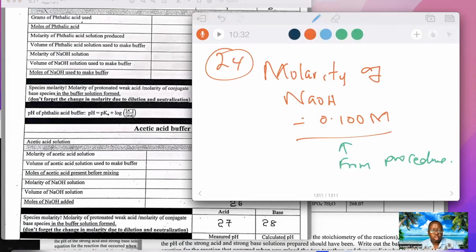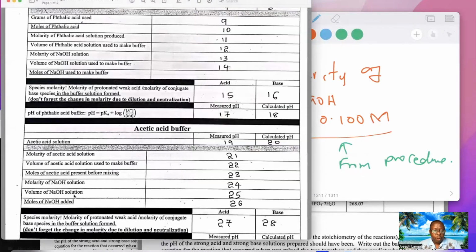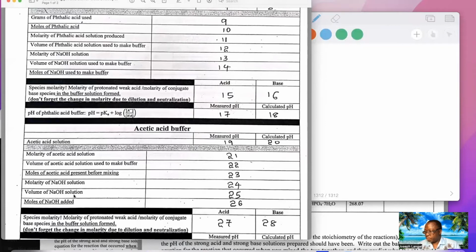What was the concentration, molarity, and then the volume used? You can state that 25 is the volume of NaOH used.